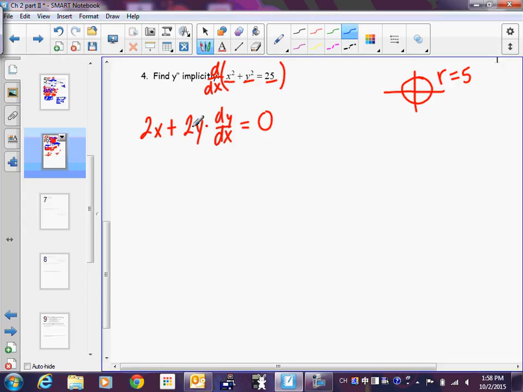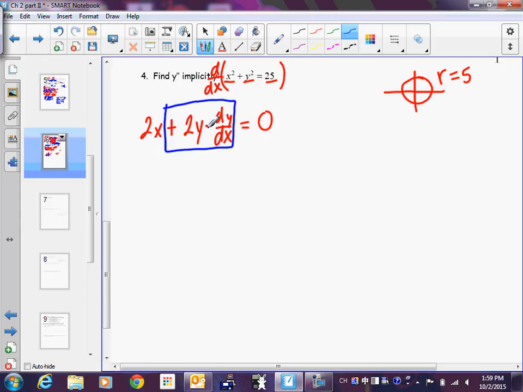Okay, so then we're going to look at terms that have dy over dx in them. So x squared, just normal, 2x derivative. Y squared, if I'm deriving with respect to x, I derive the squared part of the shell, so it would be 2y to the 1 power.